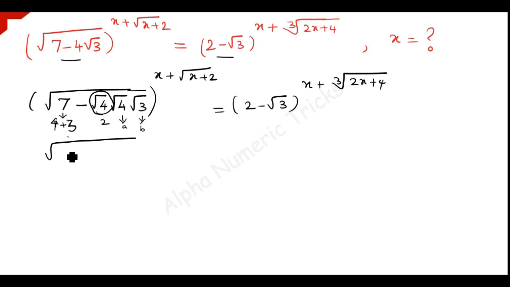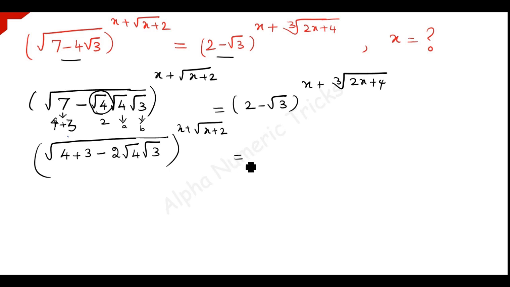So you can write this as square root of 4 plus 3 minus 2 times square root of 4 times square root of 3, the whole to the power x plus square root of x plus 2, is equal to 2 minus square root of 3, the whole to the power x plus cube root of 2x plus 4.